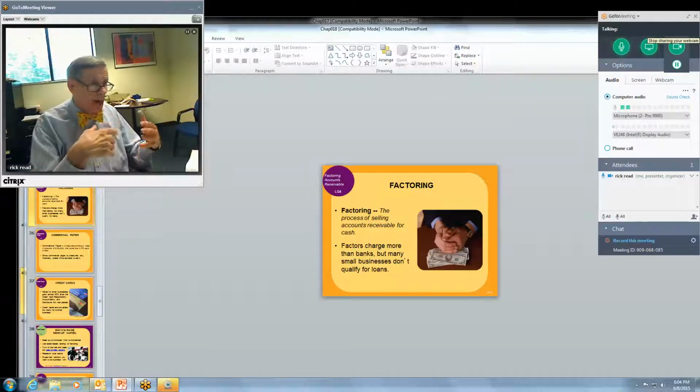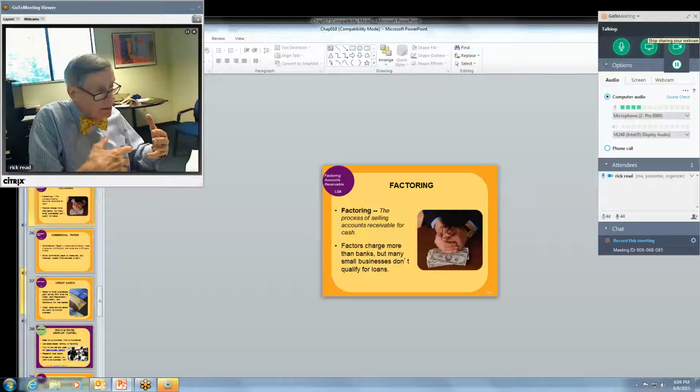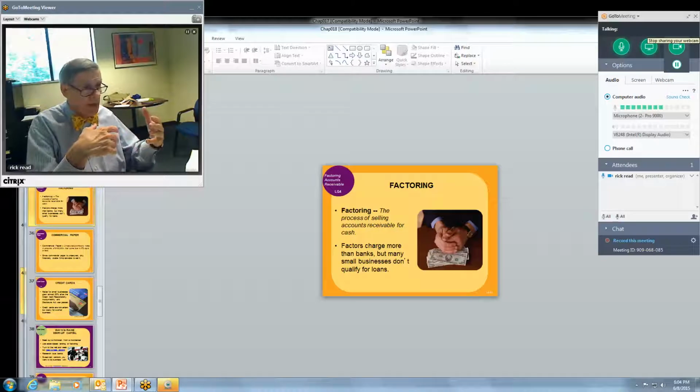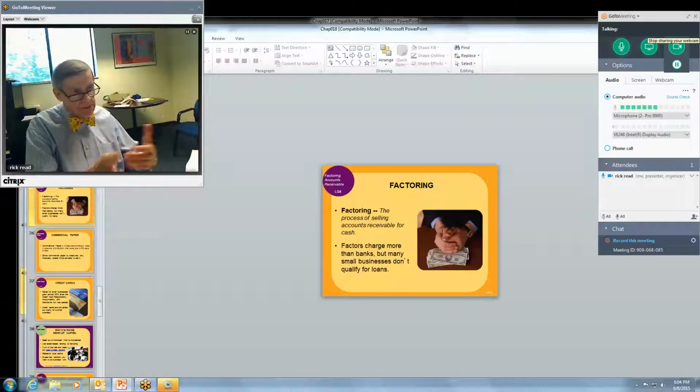So a lot of times, if you went to a bank in some years past and said, okay, I've got $10,000 in receivables, and I'd like to be able to borrow against that, the bank would let you borrow against that because receivable is considered a guaranteed debt, or guaranteed repayment of debt. That's what I should have said.